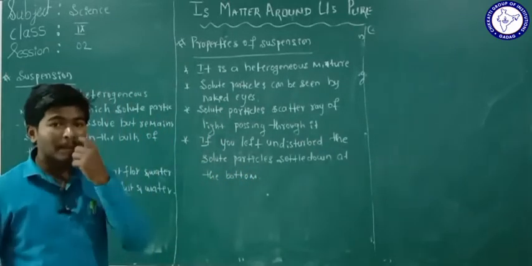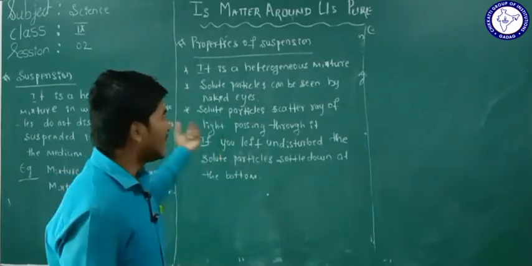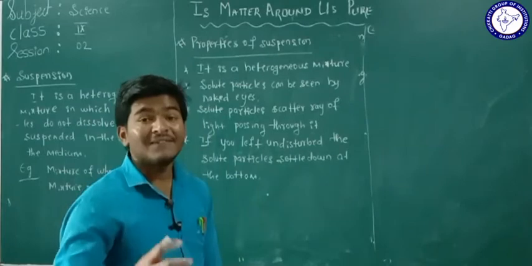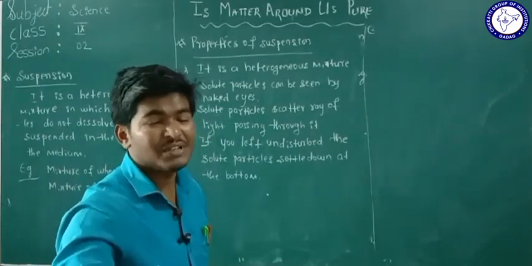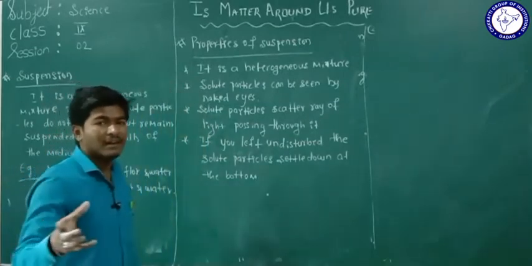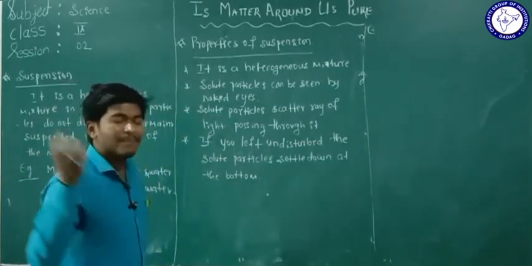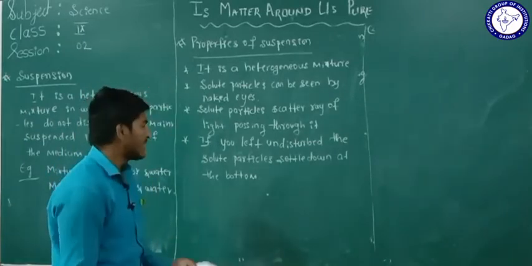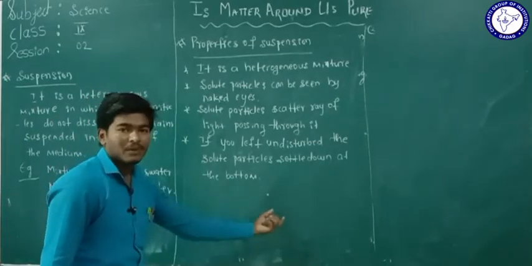So that is another property of the suspension. If you leave the container undisturbed, the solute particles present in the mixture get collected and settle down at the bottom. Is it clear? Why?